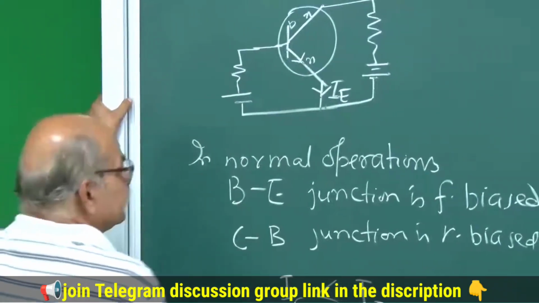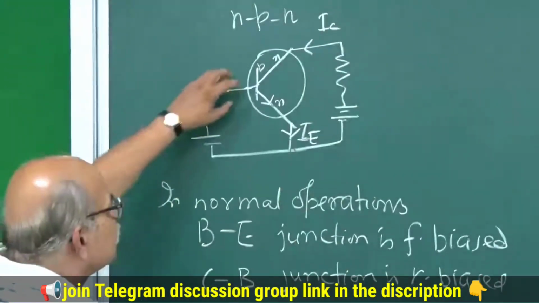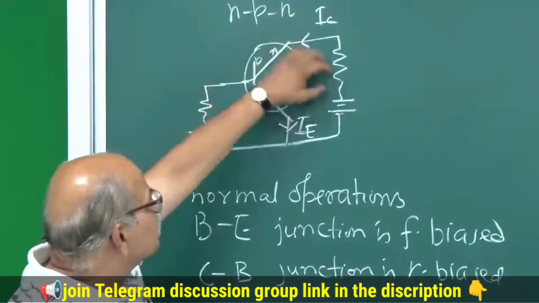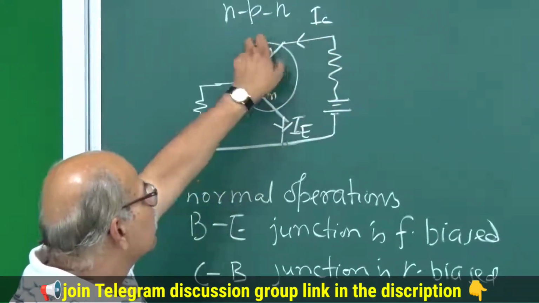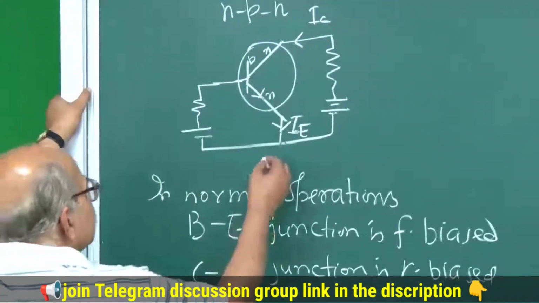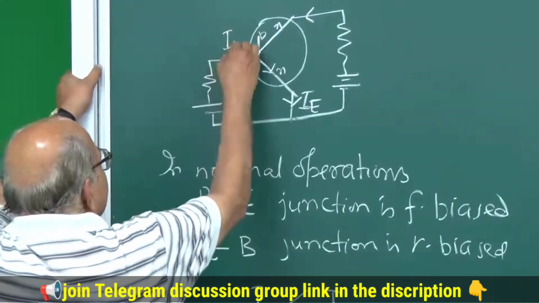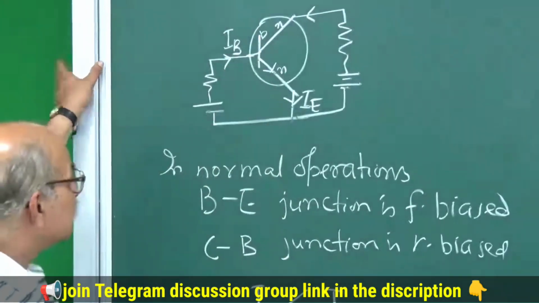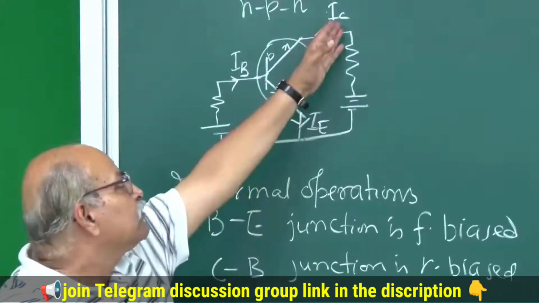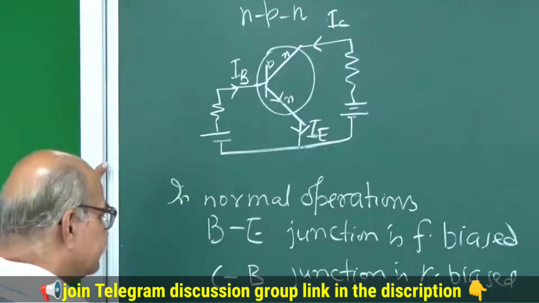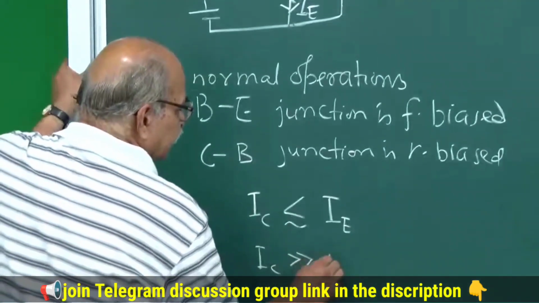Then this is IC, because the electrons are being attracted by this reverse bias, and so electrons are going this way, and so the current is this way, and the electrons which are going in this direction constitute this current IB. So, this IC is slightly smaller than IE, and if you compare this IC with this IB, this IC is much larger than IB.